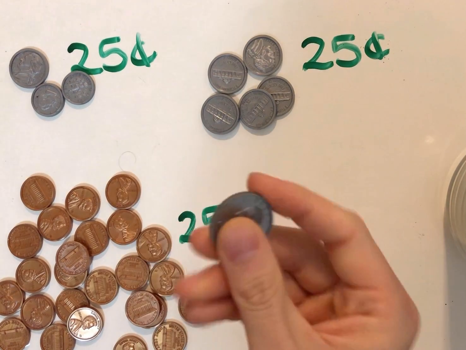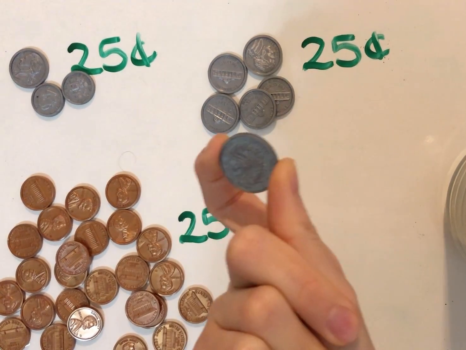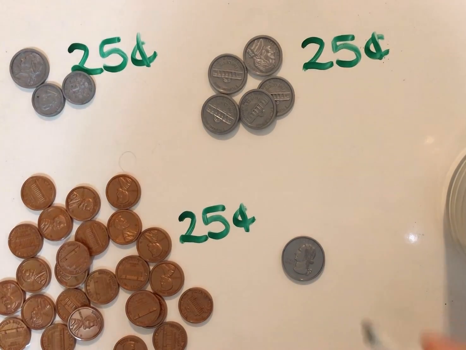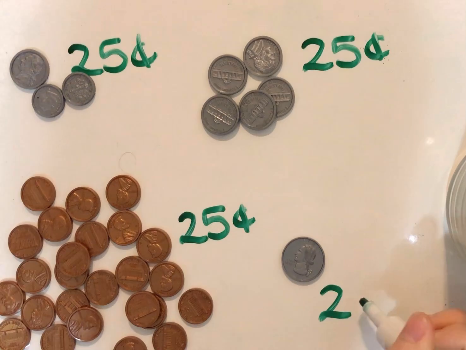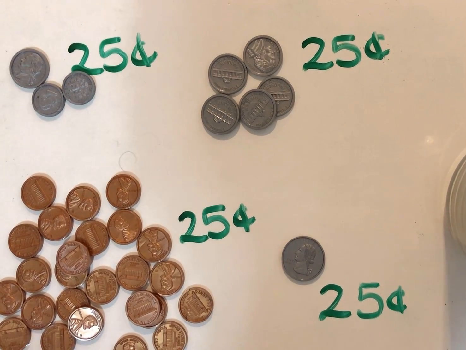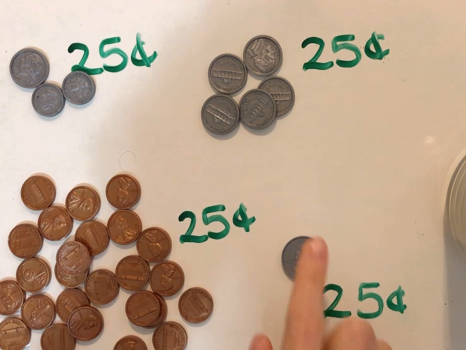And then I just have one here, and we just learned that a quarter is worth 25 cents as well. So I just have to count the one, so this is 25 cents by itself. So this is a good example about how we can add different coins together to get the same amount.